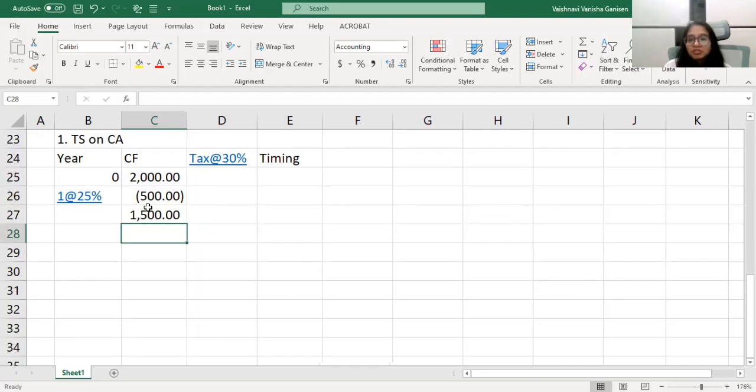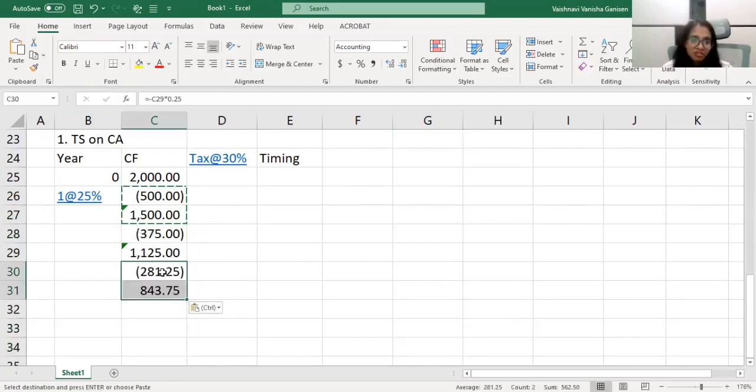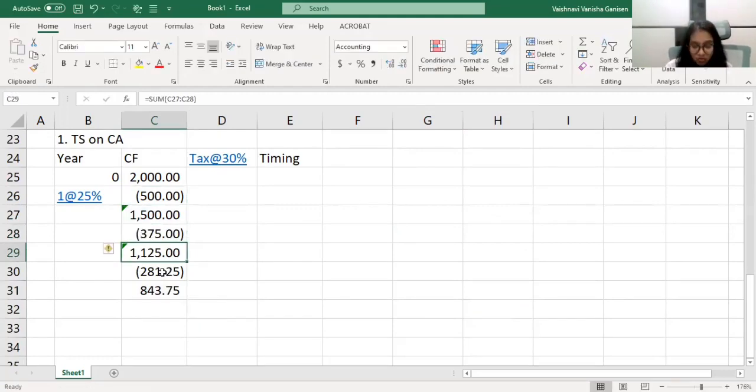Now I'm going to teach you a trick, guys. You are selling the project or the investment in year 4, right? That means what I want you to do is copy the negative 500 and the 1,500 that I've highlighted for you. You copy this and paste it for year 2 and also for year 3, but please don't exceed it, because then it will lead to a careless mistake or error.